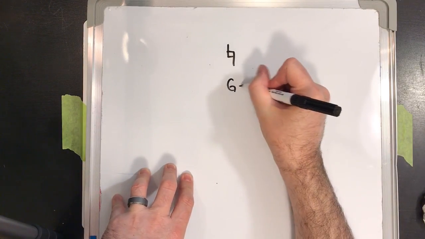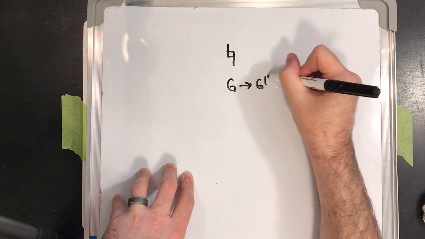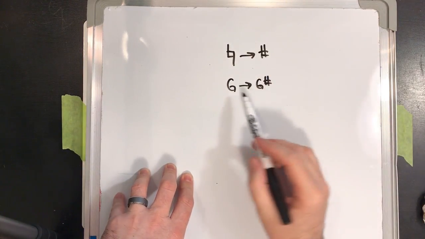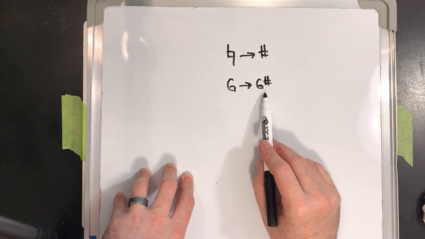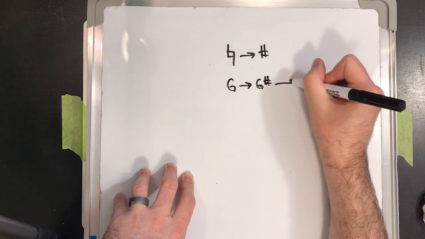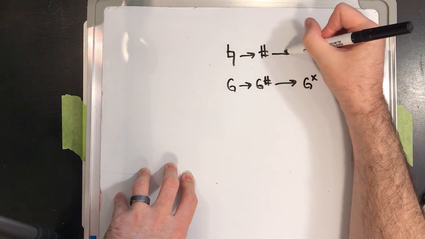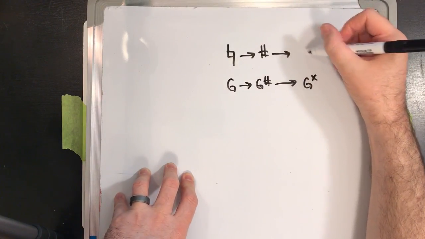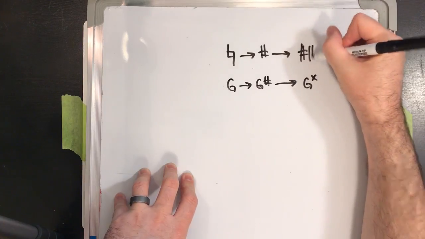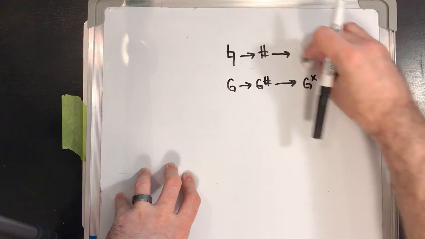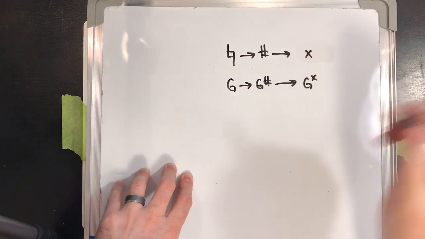If we go up one step, we go to a sharp. So from G, we go to G sharp. And we can go even further, another step up to G double sharp. So if we have two sharps, it's not like this, it's actually more like this.